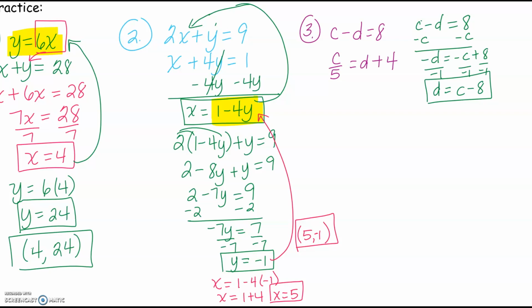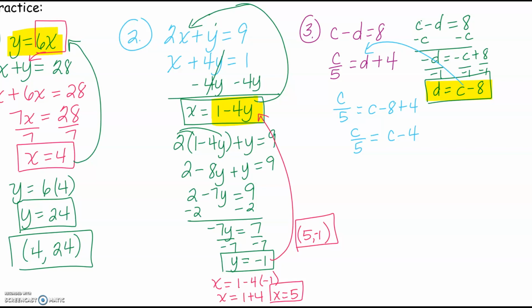So I'm going to take that, and in the second equation, wherever there's a D, I'm replacing D with C minus 8. So I get C over 5 equals, instead of D, C minus 8 plus 4. Let's combine those like terms and get C over 5 equals C minus 4. Okay?